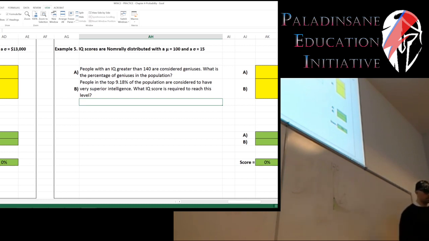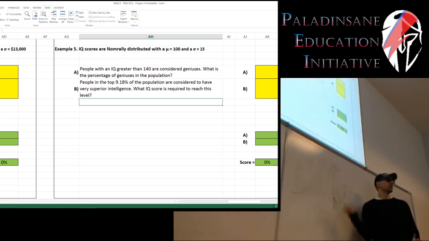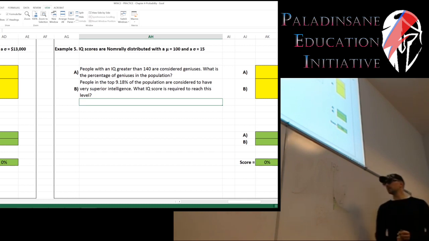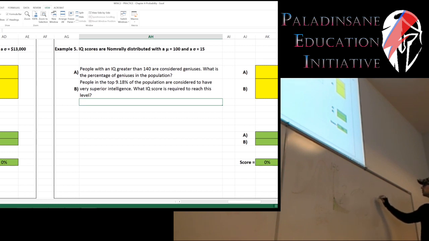What we need to realize, and this is a common theme, is that this normal curve is nowhere in your textbook. We don't have the numbers for this normal curve in an appendix in your textbook. So we need to take this curve and transform it into a normal curve of z-scores.